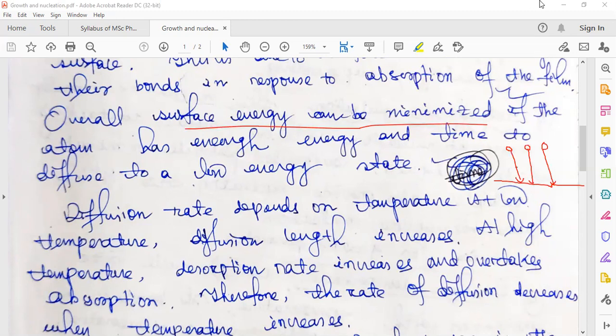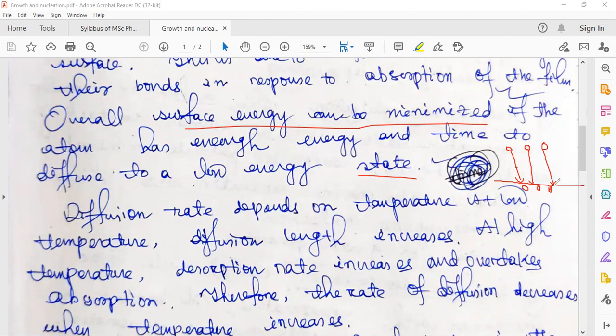Enough energy means they will get diffused into the low energy state. They will get diffused inside the material. Diffuse means they will move inside. What is the process of diffusion?